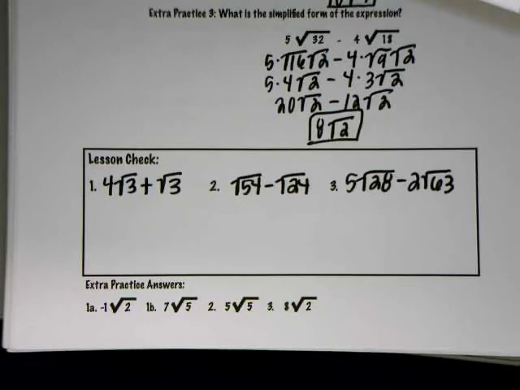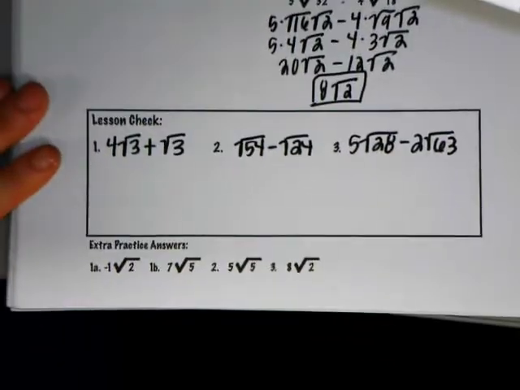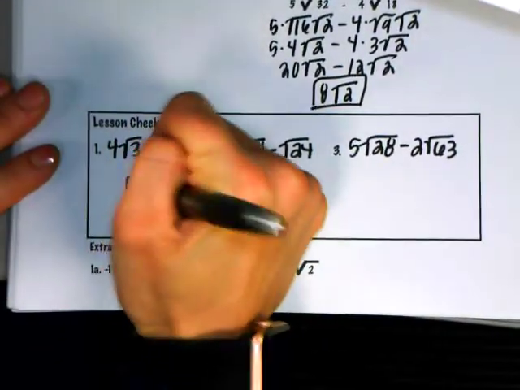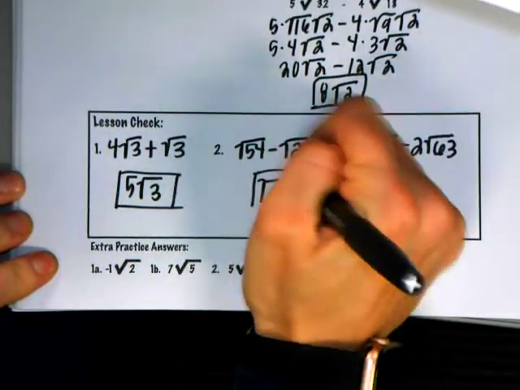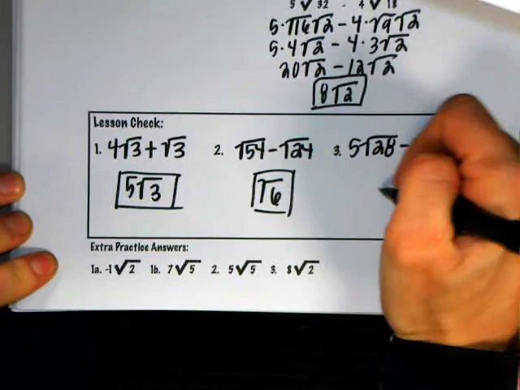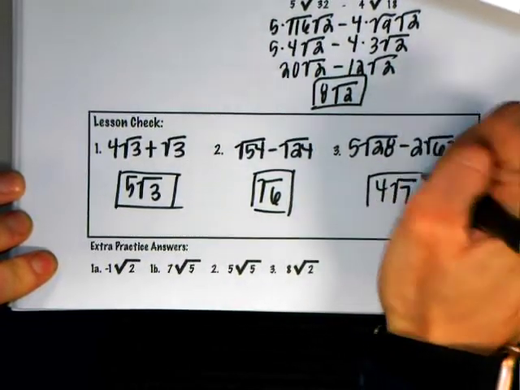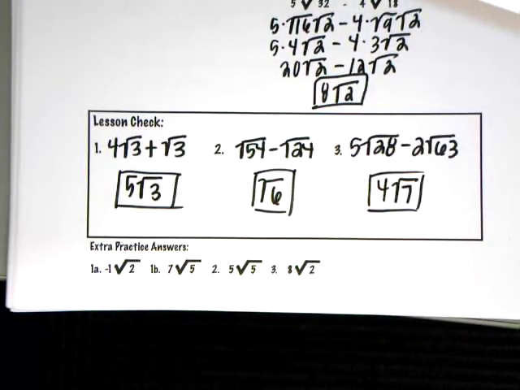Are you guys ready for answers for those? Yeah. Okay. And then get your math excels done after that. All right, so you should have 5 radical 3, radical 6, and 4 radical 7. Any questions on those?